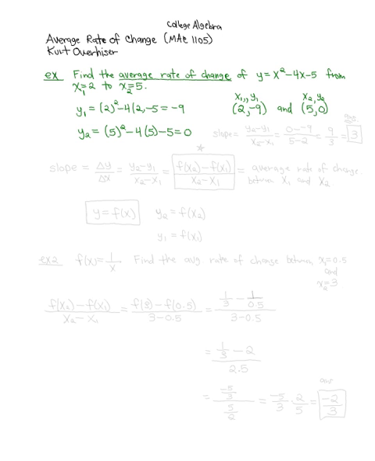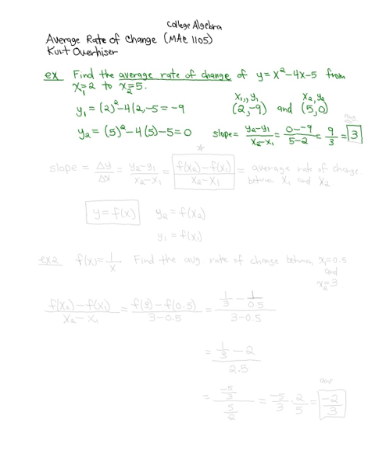There's a formula for slope. It's y2 minus y1 over x2 minus x1. So we get 0 minus a negative 9. Be careful of the double negative. And we're going to divide that by 5 minus 2. So you get 9 divided by 3, which is 3.